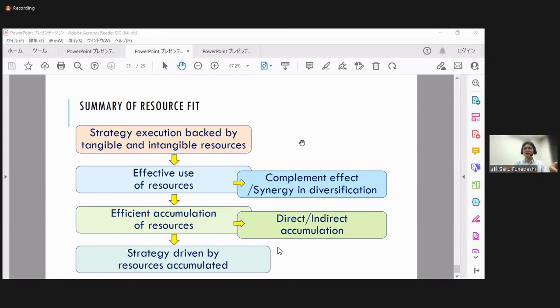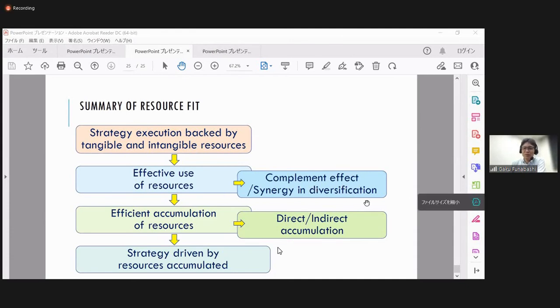For the complement effect, think about the case of the resort hotel during the winter time for skiing. In summertime, they cannot have any customers. So you think about how you can attract customers during the summertime. Facilities used in only one season, you think how you can utilize those hotel facilities in a different season.